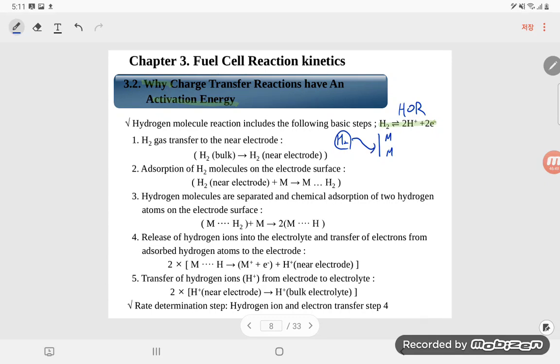And the second step is adsorption of hydrogen molecules on the electrode surface. So the hydrogen molecules bind to, interact with, the metal electrode. And we call this adsorption, right? So we call this physisorption.